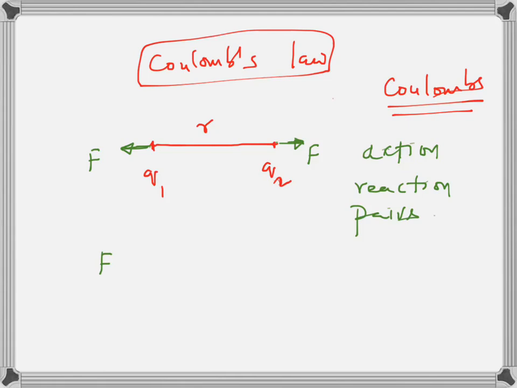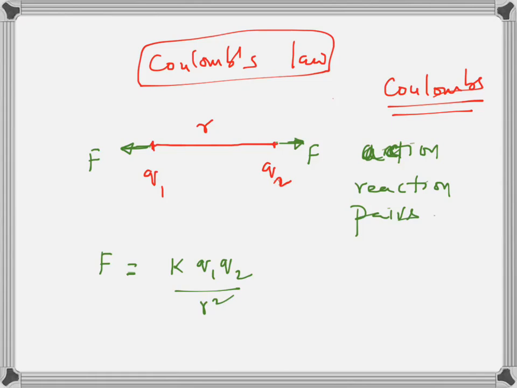So the magnitude of this force is given by some constant into Q1 into Q2 by R square. This is the magnitude of the force acting on charge Q2. It is also the magnitude of force acting on charge Q1. You can see this is similar to gravitation.